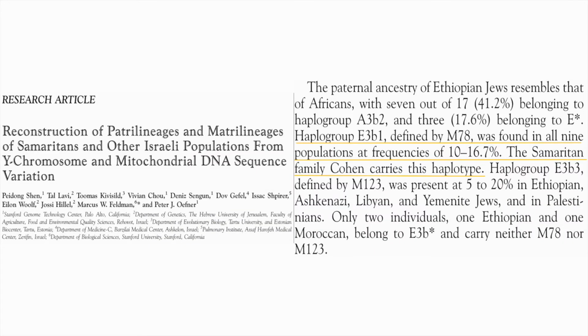And according to reconstruction of patrilineages and matrilineages of Samaritans and other Israeli populations from Y chromosome and mitochondrial DNA sequence variation, it reads, haplogroup E3b1 defined by M78 was found in all 9 populations at frequencies of 10 through 16.7%. The Samaritan family, Cohen, carries this haplotype.